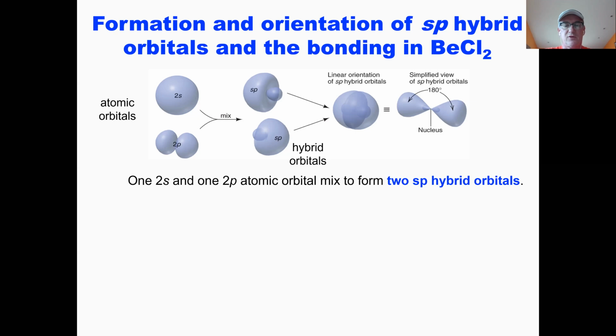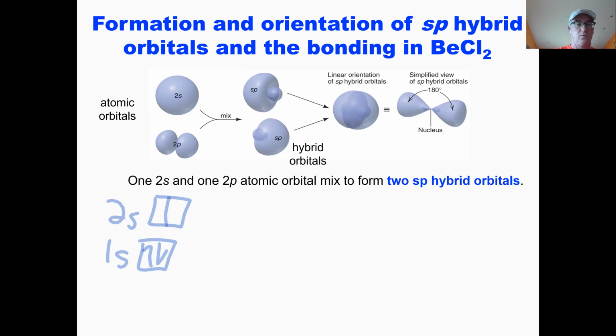Have a look at your periodic table. Beryllium's a metal. It's in group 2, so it has 2 valence electrons, and it has 1s, 2s. That's it.